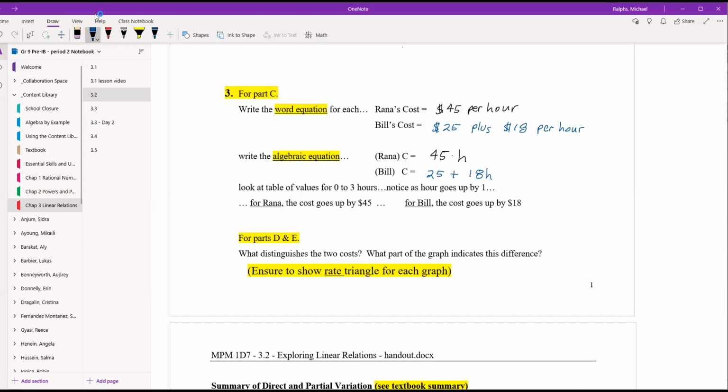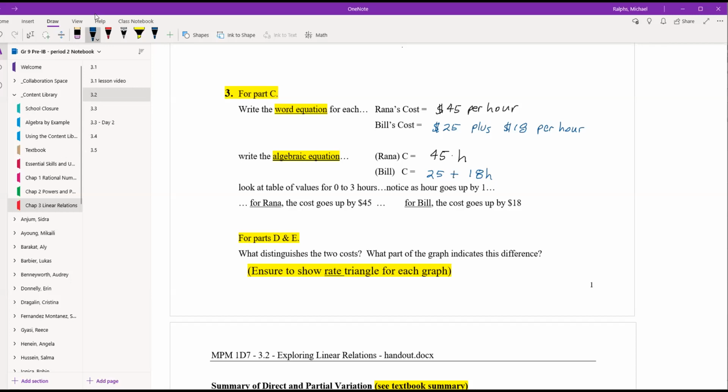So you could substitute in different values of h in here, and multiply 18 by the number of hours, and then add the 25 at the end, because we're still using GEDMAS, order of operations, and we want to see how much the total charge would be that Bill would charge. So that's how we would form the algebraic equations from these word equations.